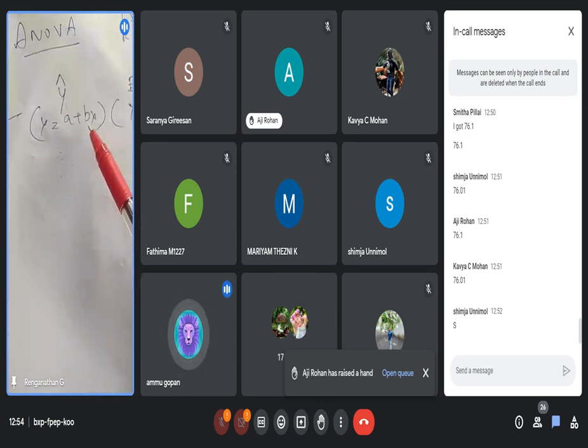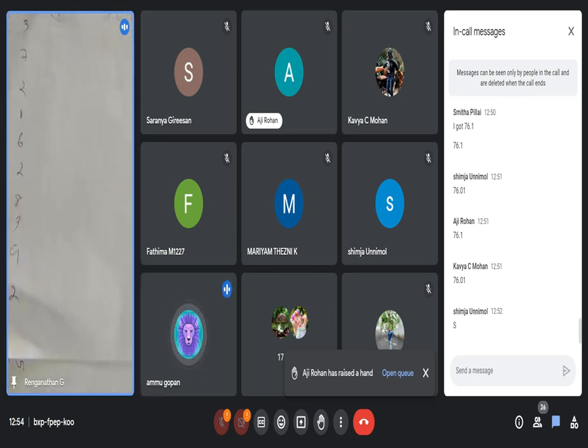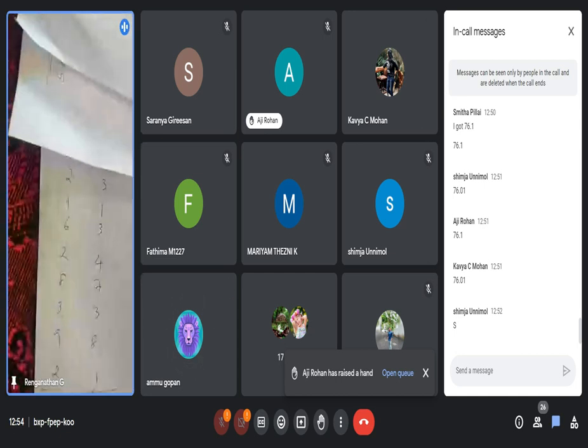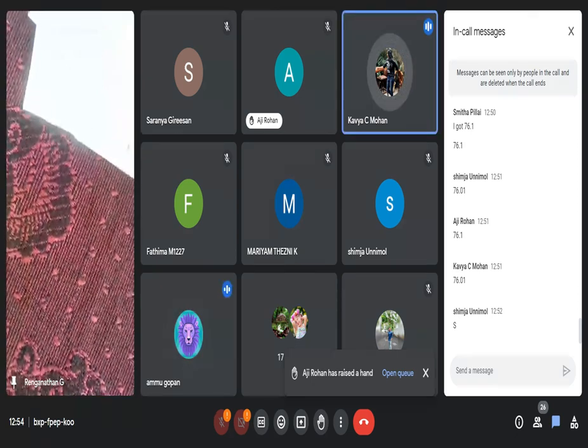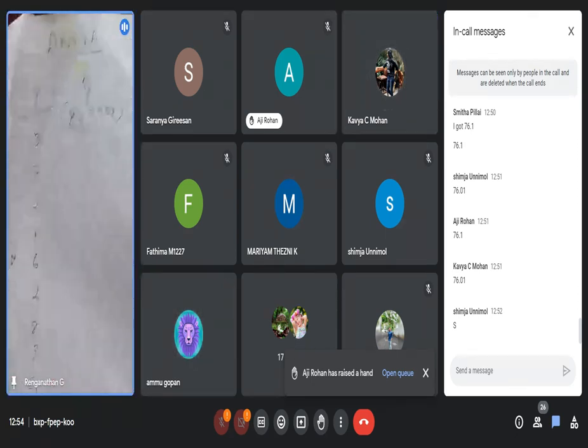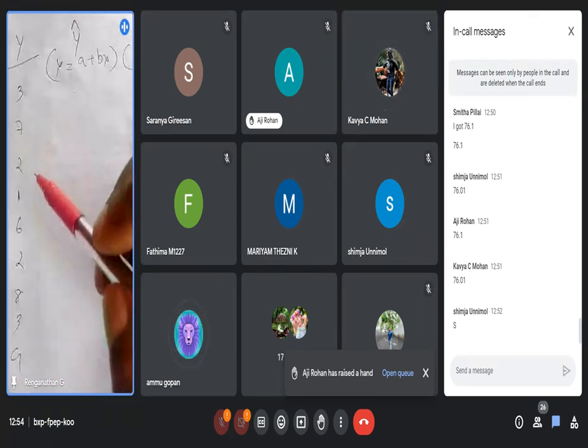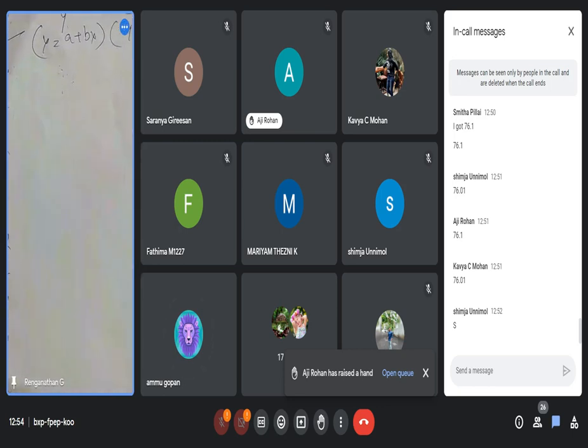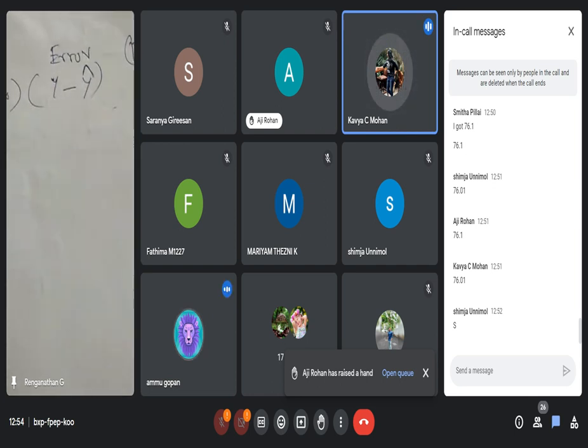Y is equal to a plus bx, the regression equation is there, isn't it? Do you have the regression equation with you? In that equation, apply the value of x alternatively. Then you will get the values. You didn't finish with that? Sir, I didn't see the y cap.